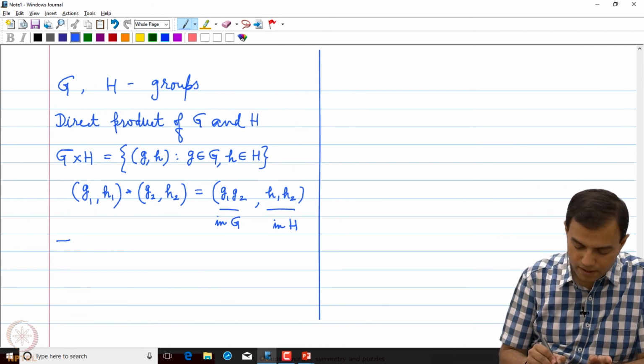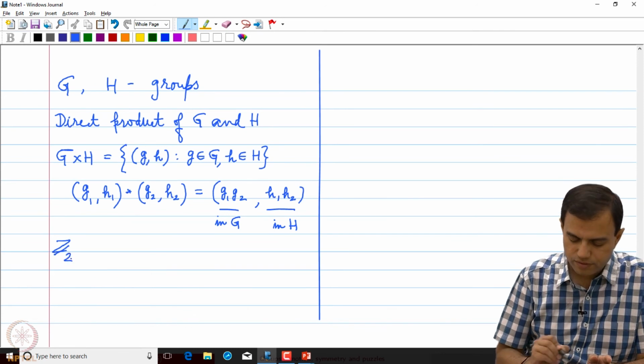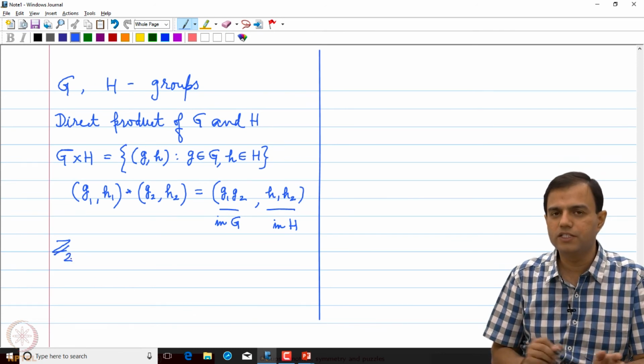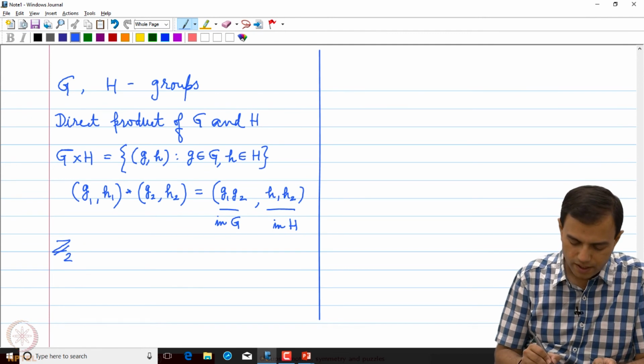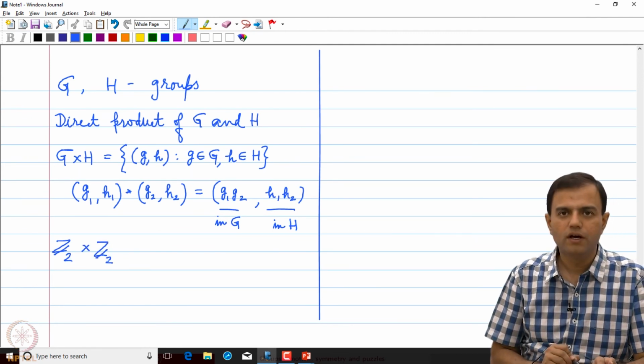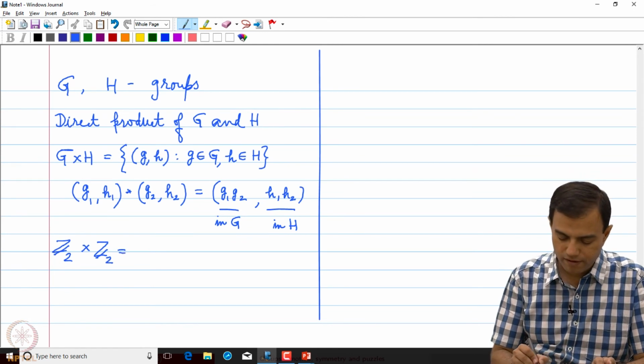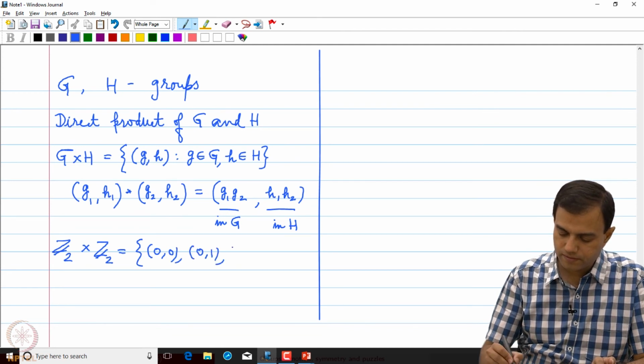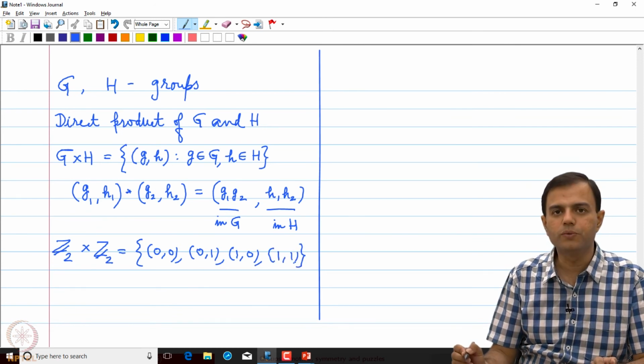So, for example, if you have Z2, you remember Z2, it has just two elements. You take the Cartesian product with Z2. What are we going to have? We are going to have 0 0, 0 1, 1 0 and 1 1, and you of course know how to add them.